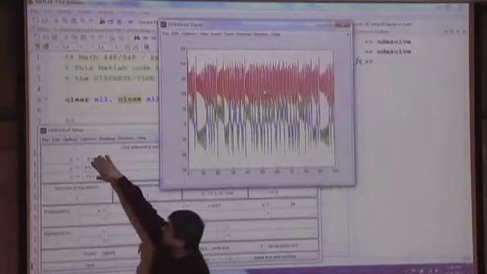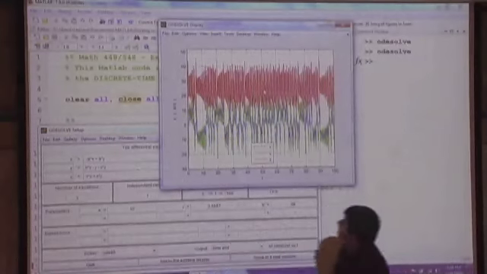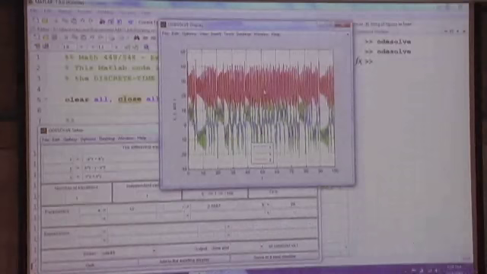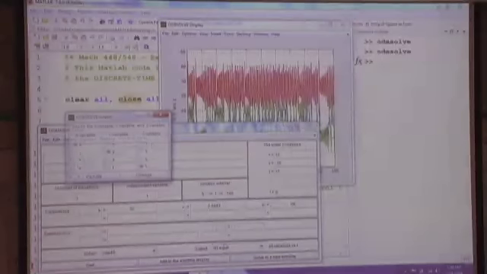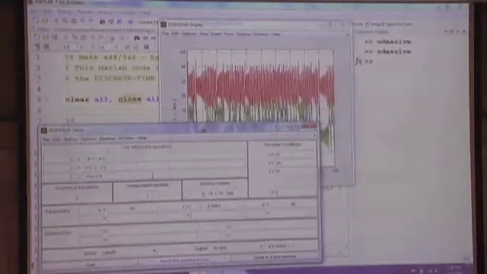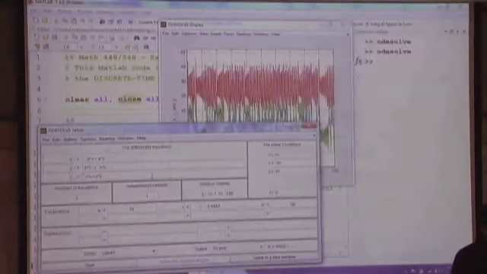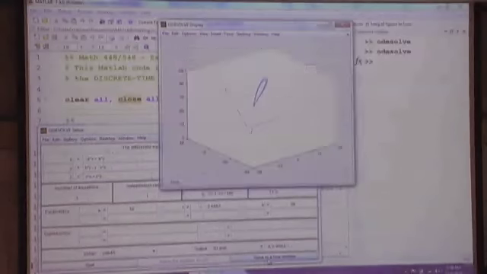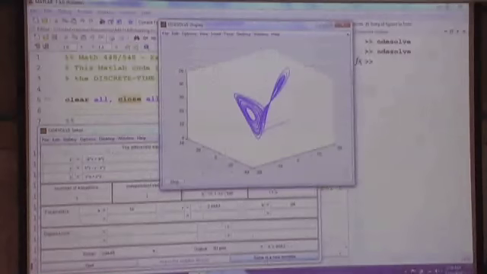Again, it's a dynamical system with three unknowns, three state variables. But you can also do a 3D plot, x versus y versus z, which gives the famous so-called strange attractor, right?